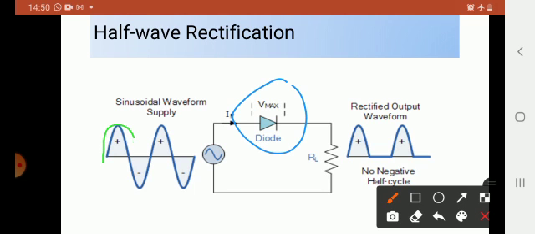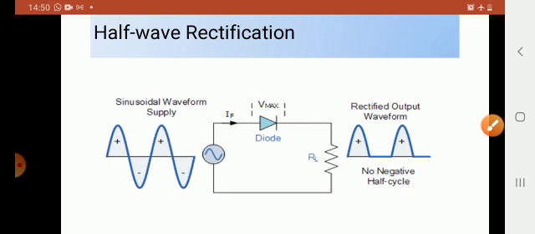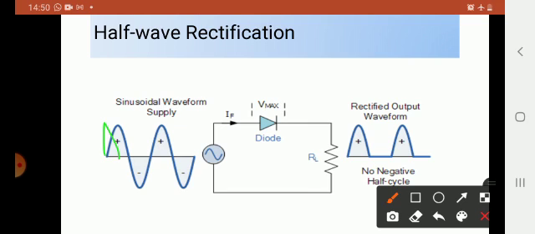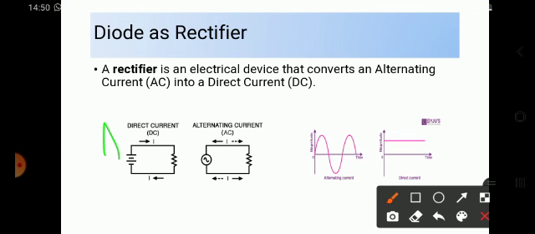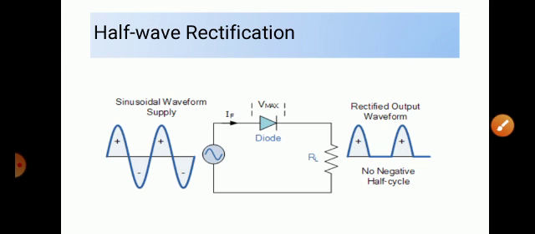The positive cycle will come once, then the negative cycle will come. Positive, negative, because it's an AC current, so current is flowing in this alternating form. When the positive cycle comes, the diode is going to pass the current.